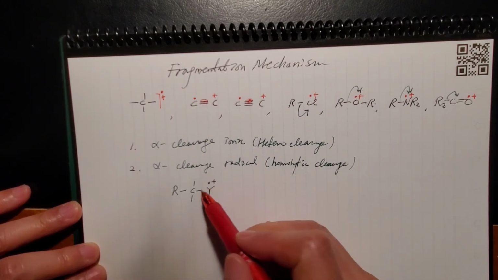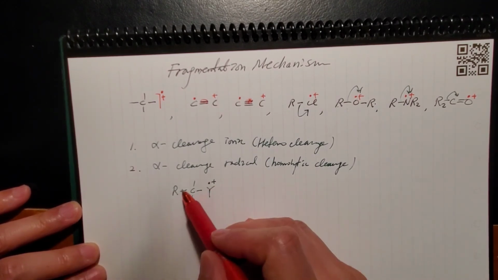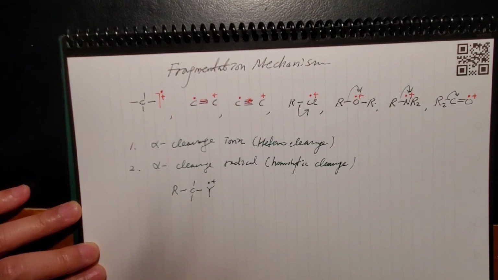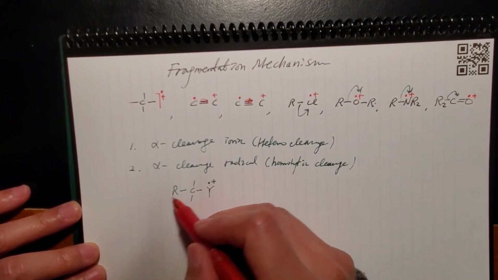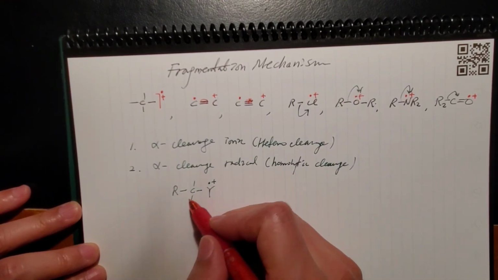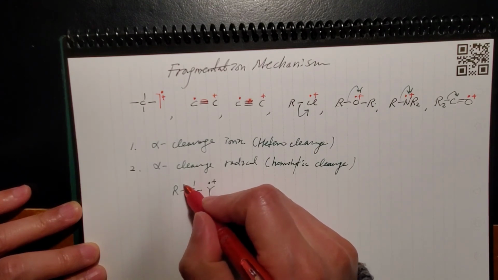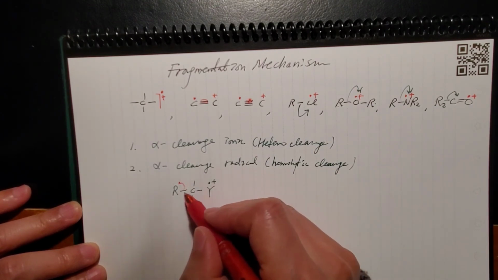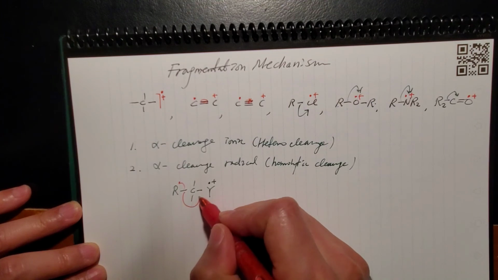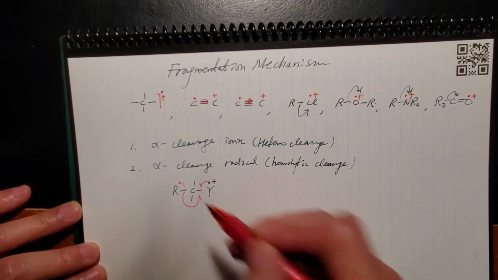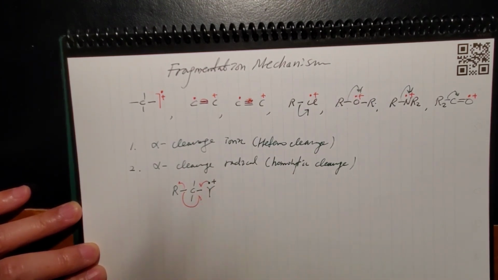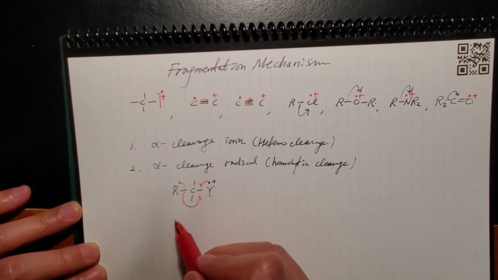It could be sequential, lose this much, then lose that much, but sometimes you lose a big chunk. That's probably because this cation is more stable or has a resonance or something. But when that happens, you can actually have a double bond forming here, and this breaks up there.